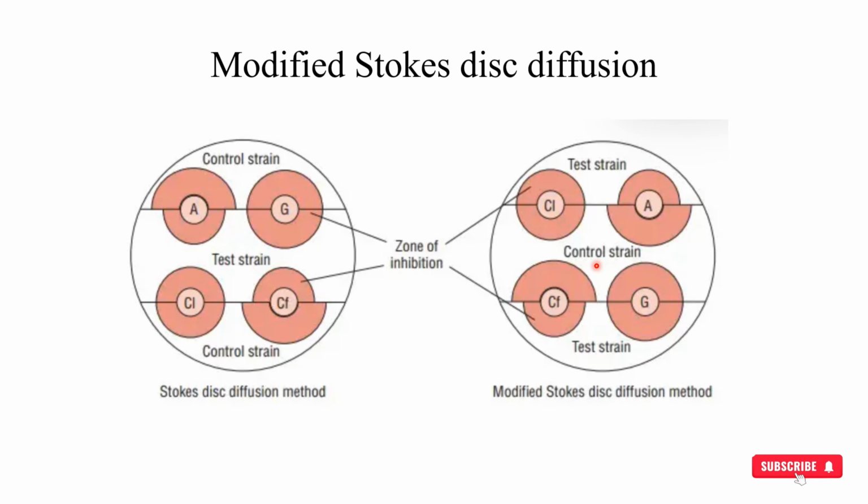In this modified stock disk diffusion method, in the center portion we lawn culture the control strain, and in the first and third parts we lawn culture the test strain. After that, we will compare the zone of inhibition of the control strain with the test strain.